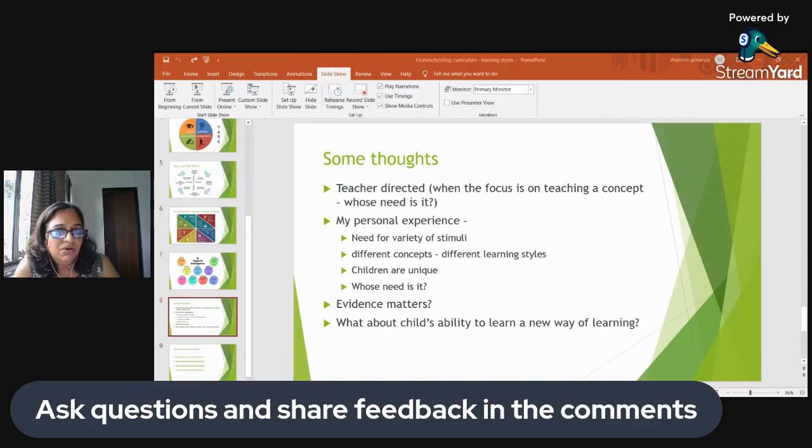So now, the last point, as I shared earlier: what about the child's ability to learn a new way of learning? Like I gave the example of me adjusting and learning a new style for my course in inquiry education. I feel that's true for all children too. They do have the ability to learn a new way of learning, so we cannot question this ability.